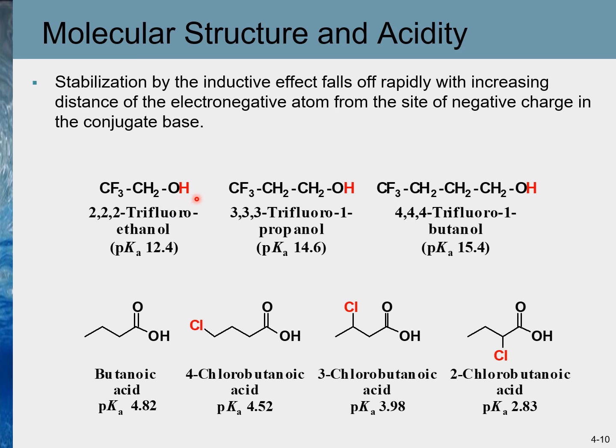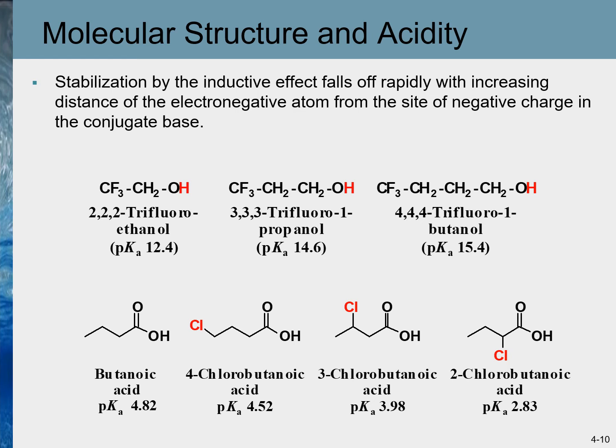After this alcohol donates the proton, the negative charge will be on oxygen. In the first example, trifluoroethanol, fluorine is only two covalent bonds away. In the second case, fluorine is three covalent bonds away, and in the third one, it's four covalent bonds away.